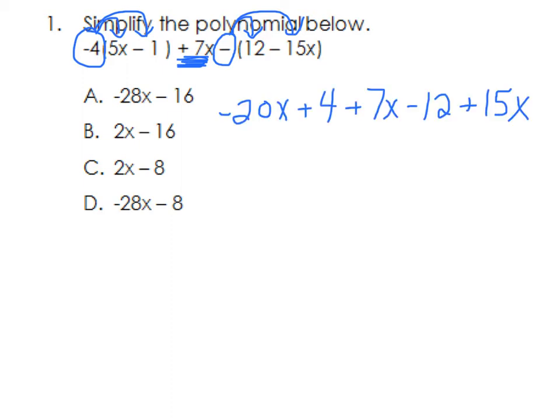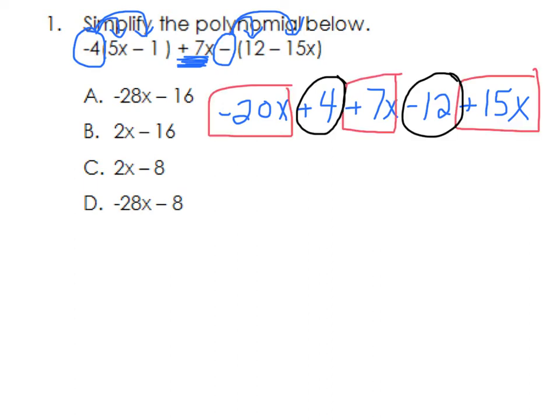So once I get everyone distributed, then I'm going to box up my like terms and combine them. So -20 plus 7x is -13x plus 15x is 2x, and +4 -12 is -8. So the answer is C.